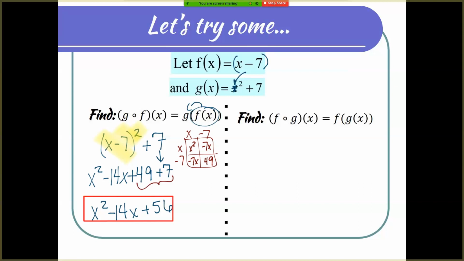Take a minute and see if you can find f of g of x. That means you're plugging in the opposite direction. g is closest to x, so this is getting plugged in right here for x.